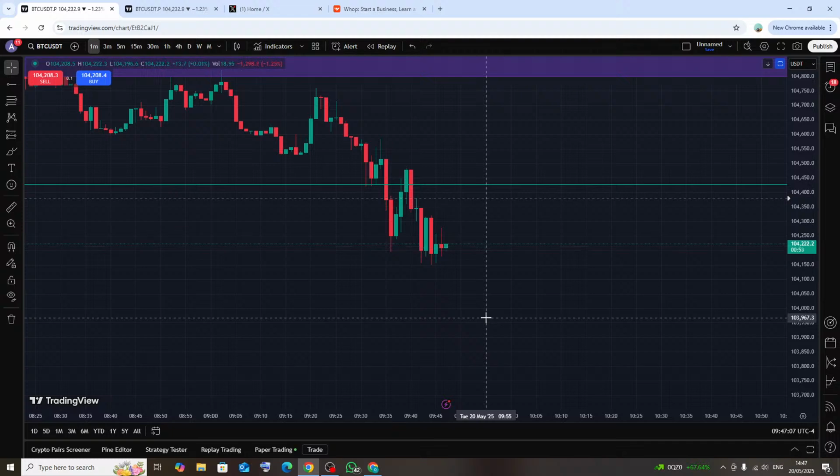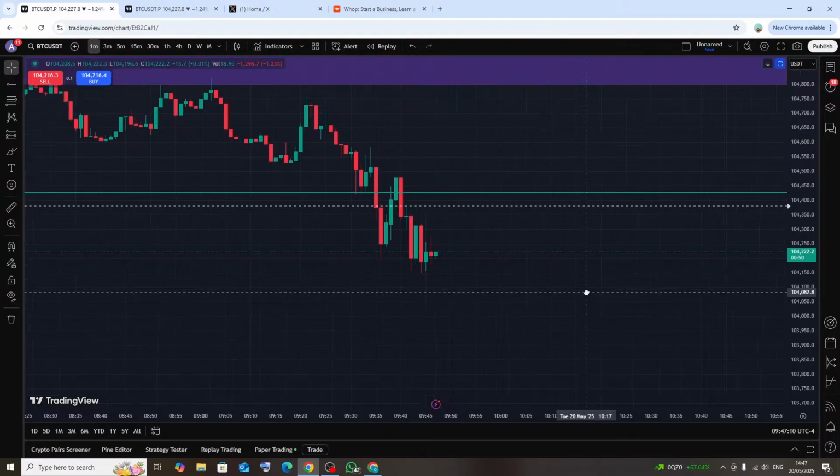This is very choppy price action from the market up till now. Do you think there is any kind of trade at this point?